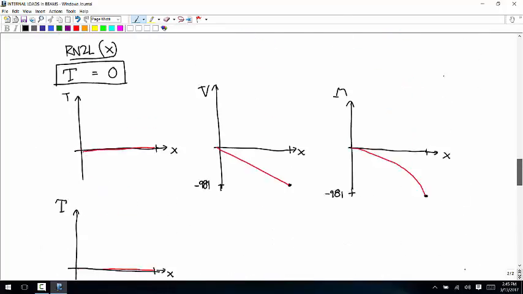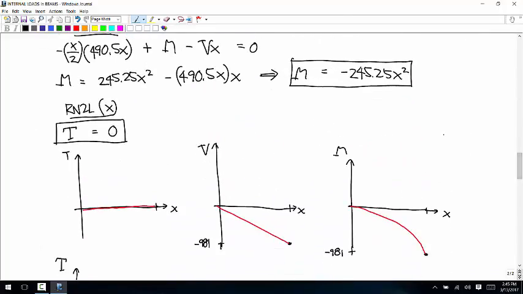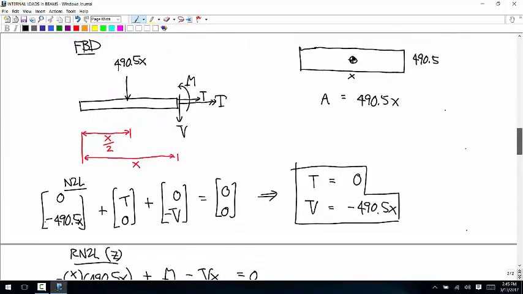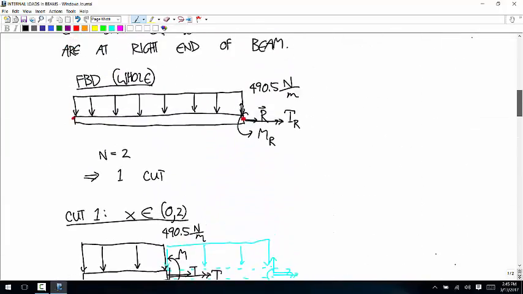And now the couple. The bending moment is equal to 0 at an endpoint if there's no point couple at that endpoint. There's no point couple here, so M should be 0 for x equals 0. There is a point couple here.